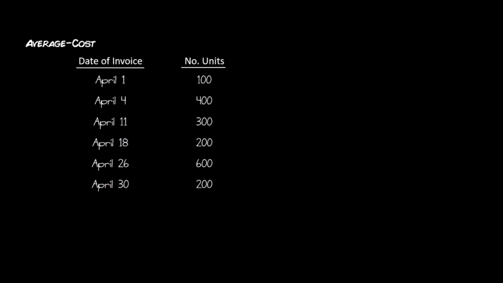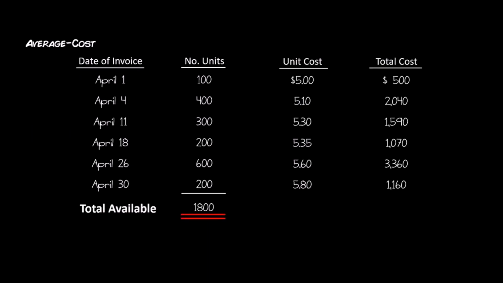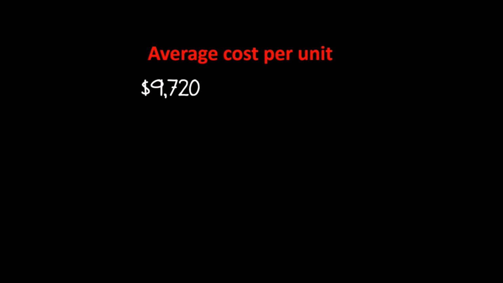The total units of goods available for sale totaled 1,800 and it cost $9,720. Moving on to calculating the average cost per unit, we take the total cost, which is $9,720, and divide it by the total units available for sale, which is 1,800. This gives us an average cost of $5.40 per unit.